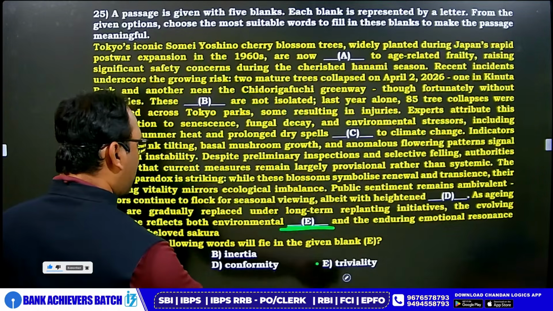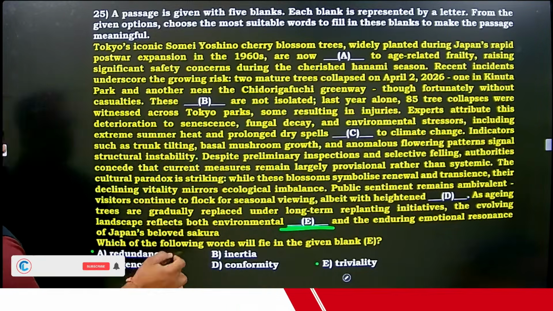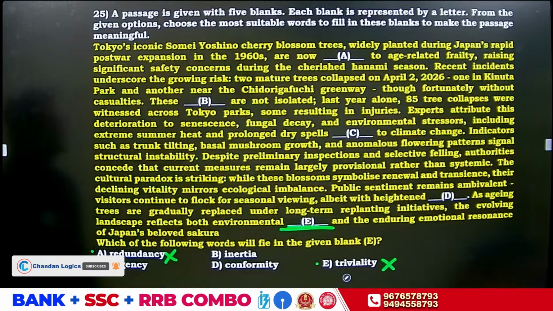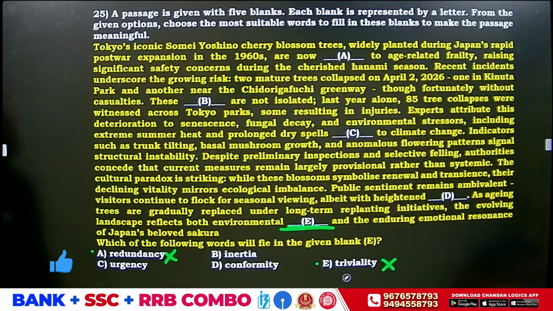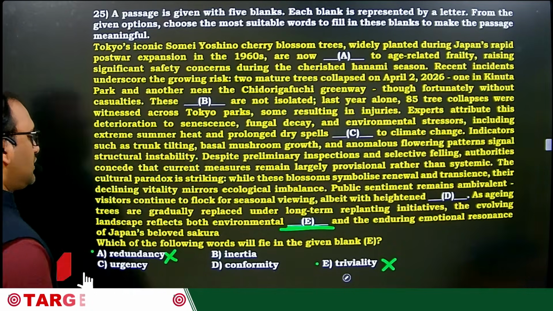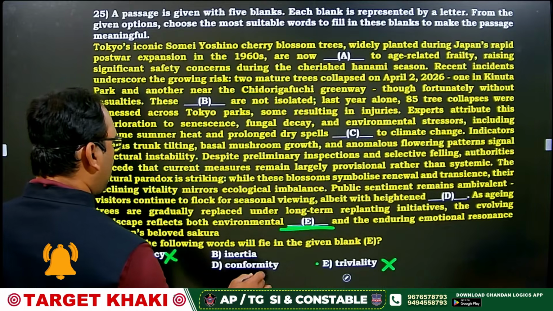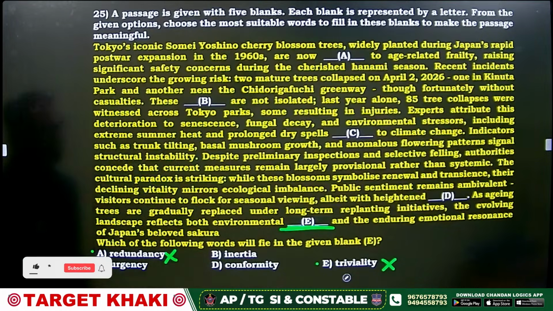Trivial means not important. When two meanings are the same, both can't be the answer. So remove both. Simple. Now you have here environmental inertia, environmental conformity, environmental urgency.